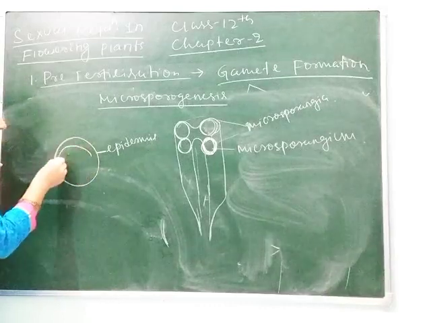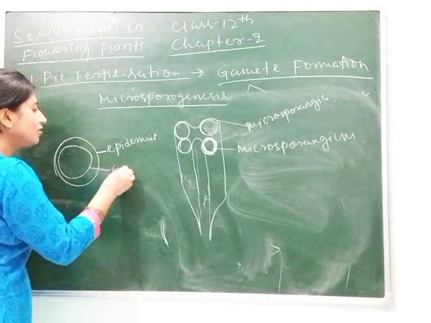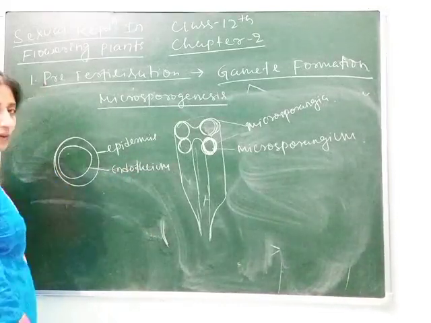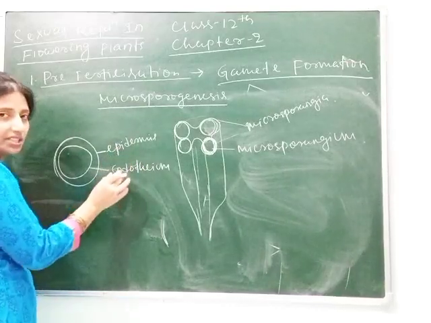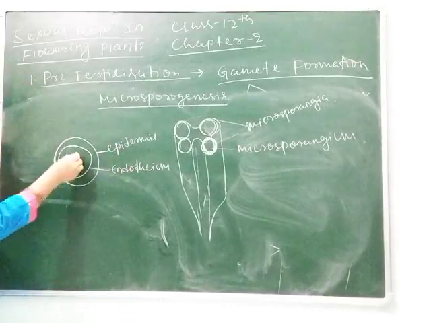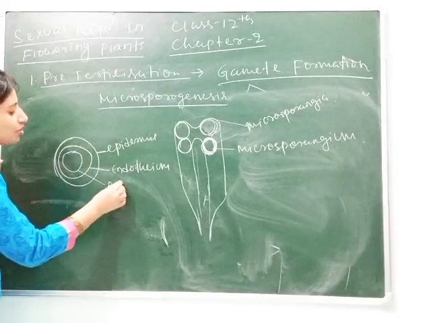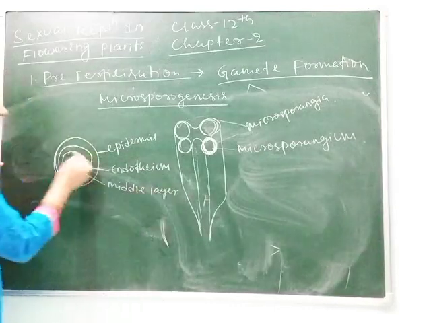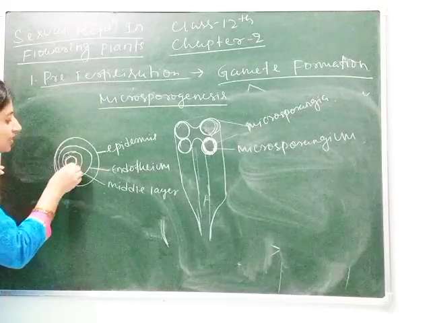Just below the epidermis, the endothecium is present. Normally, below the epidermis, the mesothecium would come, but here, just below the epidermis, the endothecium comes. Next is the middle layer. Then just below the middle layer, there is the sporogenous tissue.